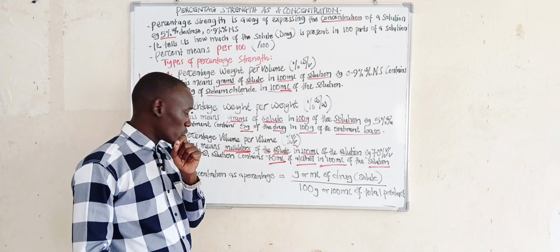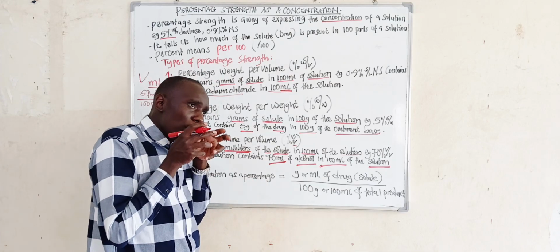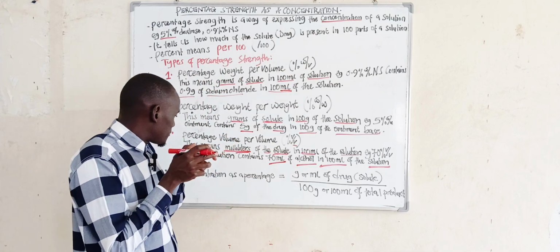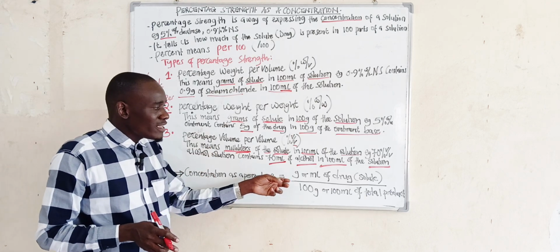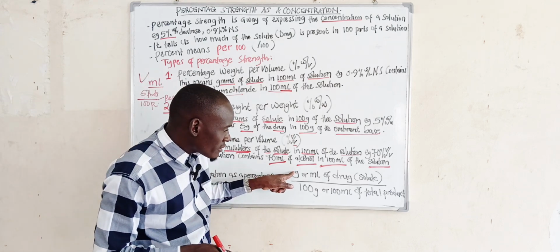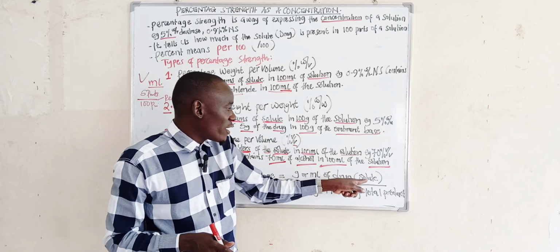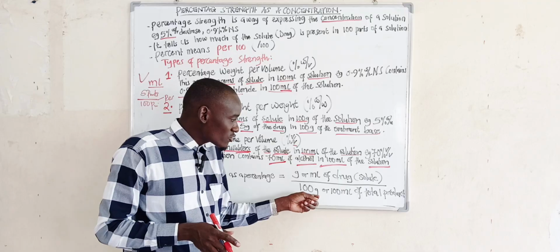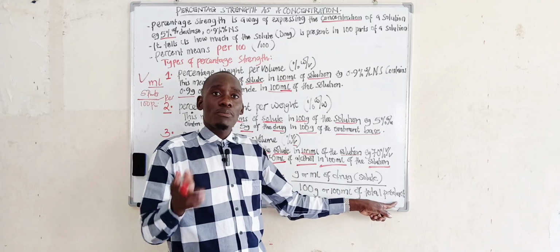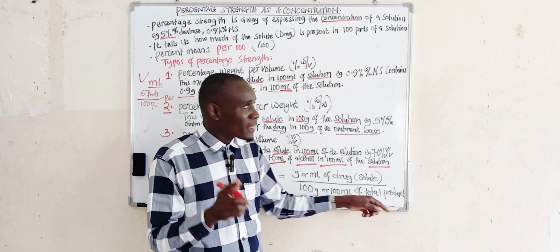So that means, therefore, that concentration as a percentage is equal to grams or mls of a drug or solute divided by 100 grams or 100 mls of the total product. What do we mean?